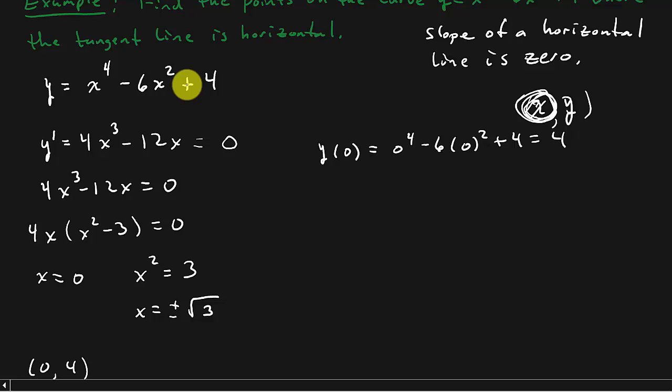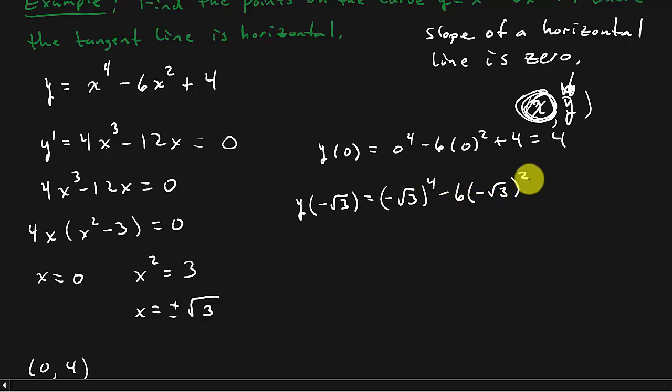Students get confused with that all the time, I don't know why. Oh, which one do I plug it into? Do I plug it into this one or this one? Well, what are you looking for? You're looking for the y value. Where's y? It's right there. All right. So now I've got y of negative square root of 3 is negative square root of 3 to the 4th minus 6 times negative square root of 3 squared plus 4.